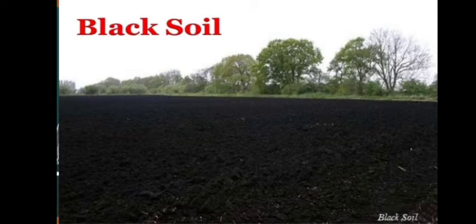Weathering is the breaking up of rocks into small particles, which leads to the formation of soil. So the black soil is formed from a parent rock that was black in color, and due to the effect of molten lava, it is black in color.